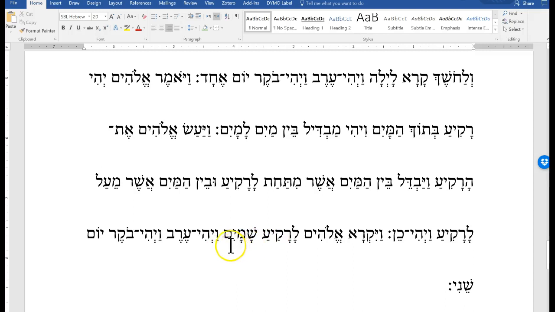Notice it's a dual. And there was evening and there was morning, day, a second day. So it goes from the cardinal day one to the ordinal a second day. And notice it's not definite, it's indefinite.